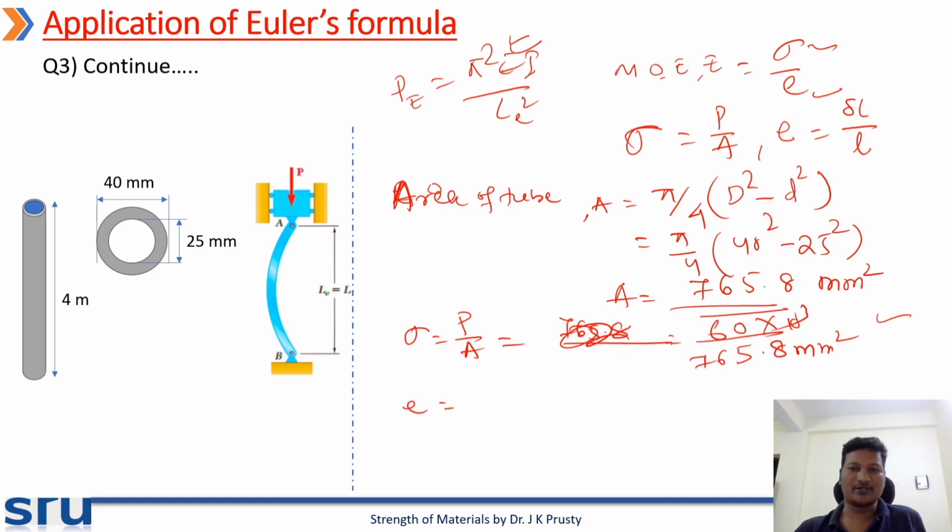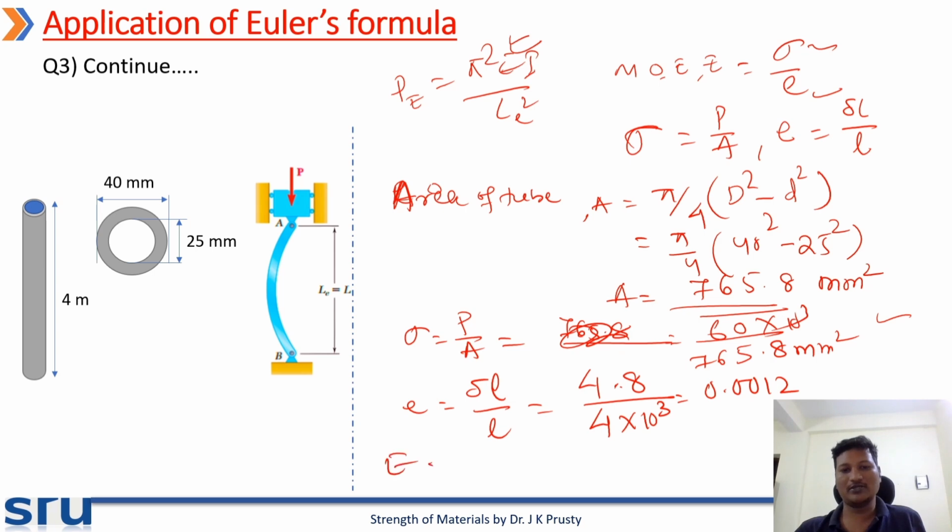Then I calculate the strain, that is delta L by L. Delta L is given 4.8 divided by L is 4 into 10 to the 3. This value we are getting is 0.001. So E is 60 into 10 to the 3 divided by 765.8 into 0.001. So we are getting a value of 65290 Newton per mm square.